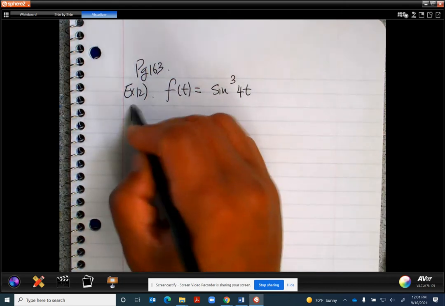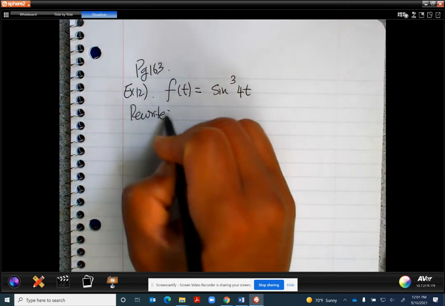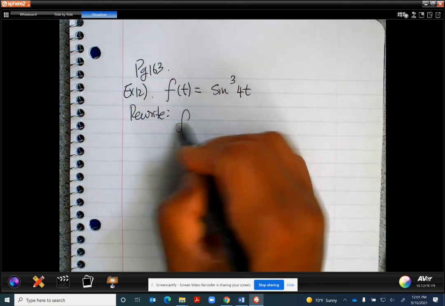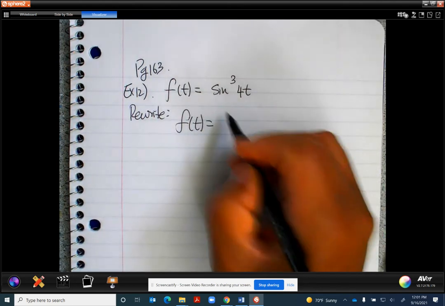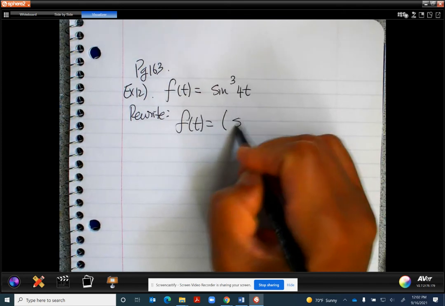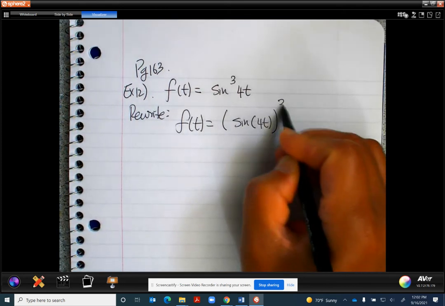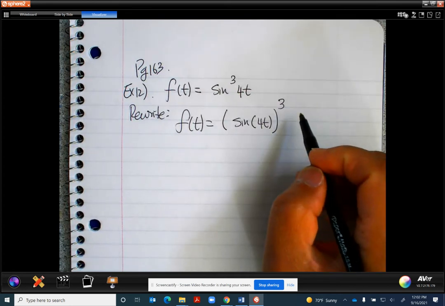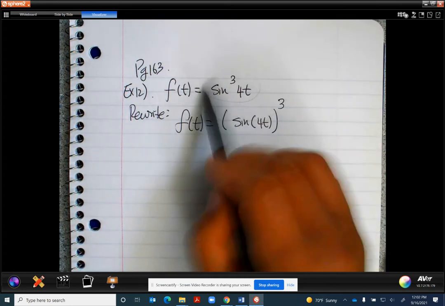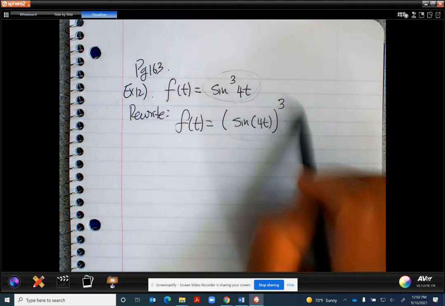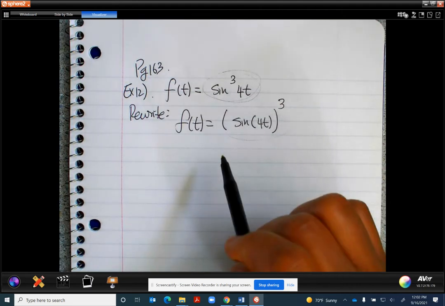So I'm going to rewrite this as f of t equals parentheses sine parentheses 4t to the third power. I hope you can see that this should be written this way. It's the same thing.